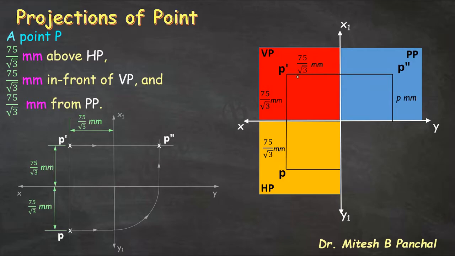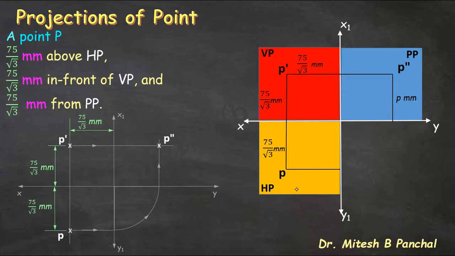On VP we have P dash, that is front view, that is from XY as well as from X1 Y1, it is at a distance 75 by root 3. Same way, side view, that is P double dash on profile plane, will be at the same distance, that is P mm, that is 75 by root 3, and from X1 Y1 also it is 75 by root 3.